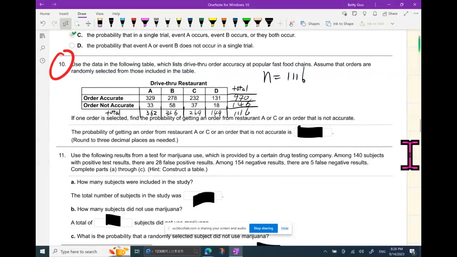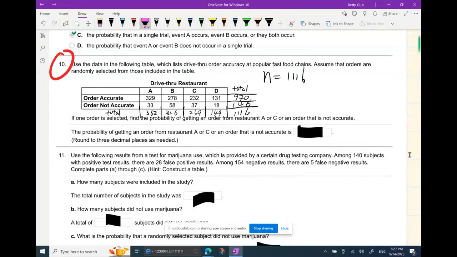Okay, so let's see what we are looking for. If one order is selected, find the probability of getting an order from restaurant A or C, or an order that is not accurate. Be very careful because we see two ors. That doesn't mean three events; we can see it as two events.